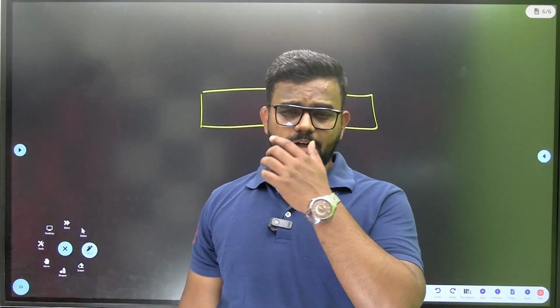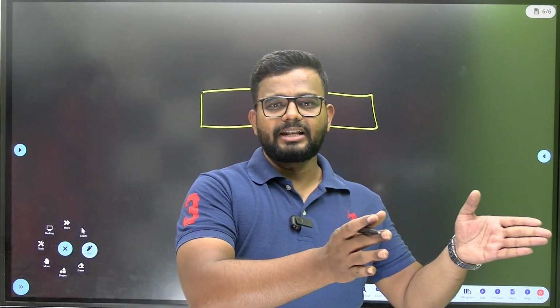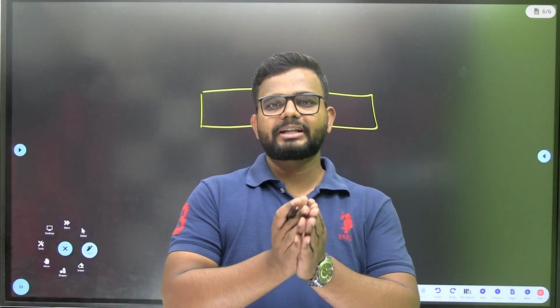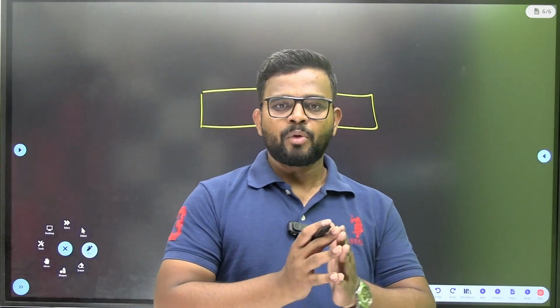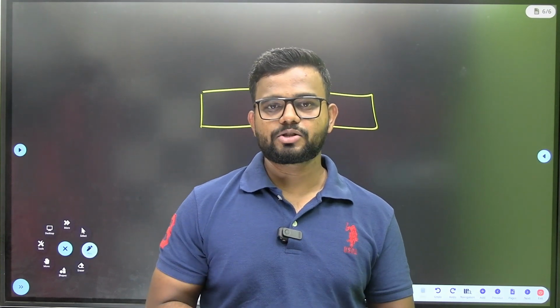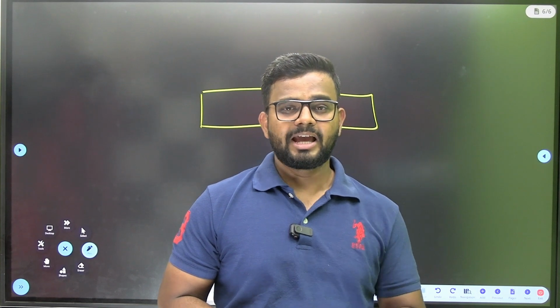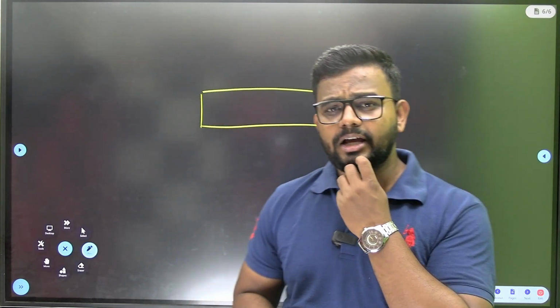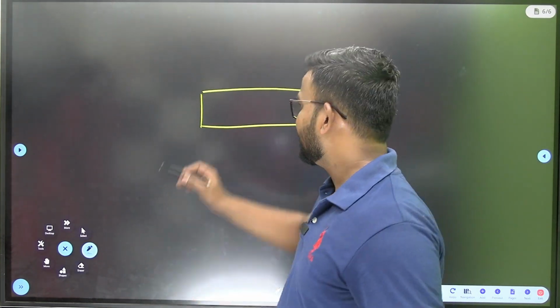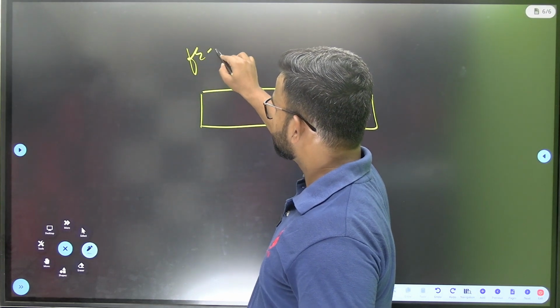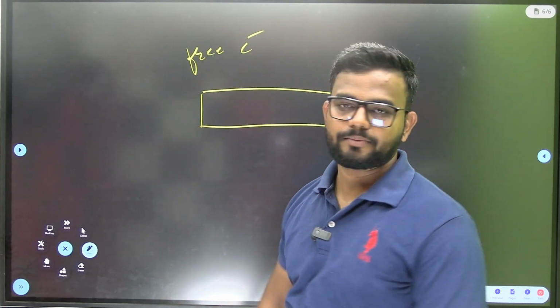Now, as far as electricity is concerned, we define materials in two categories: materials which are good conductors of electricity and materials which are bad conductors of electricity. The reason behind it: if the material is a good conductor, it simply means that the material possesses free electrons.